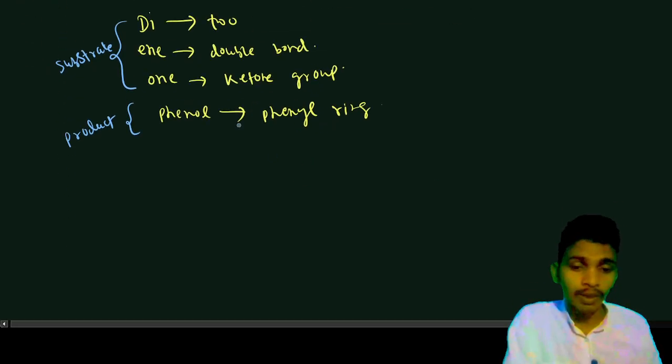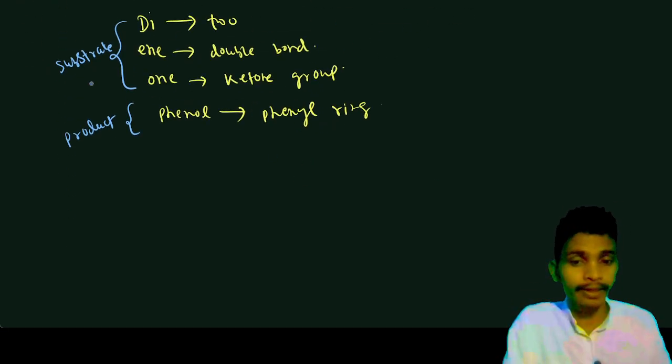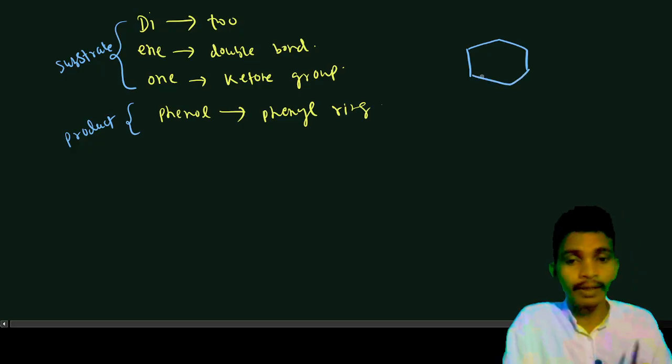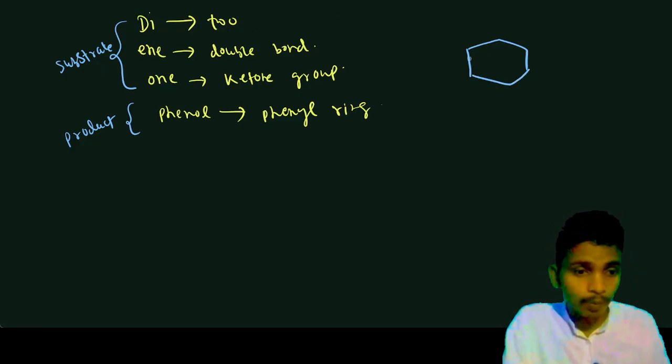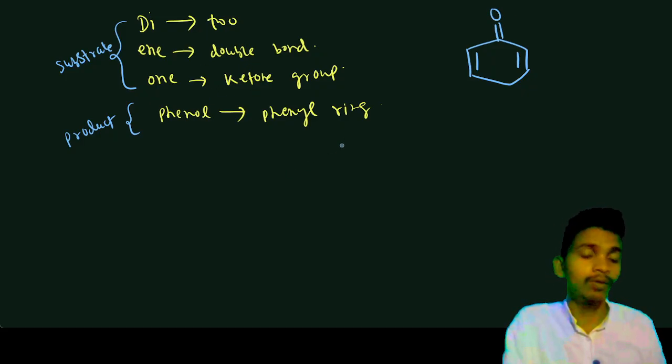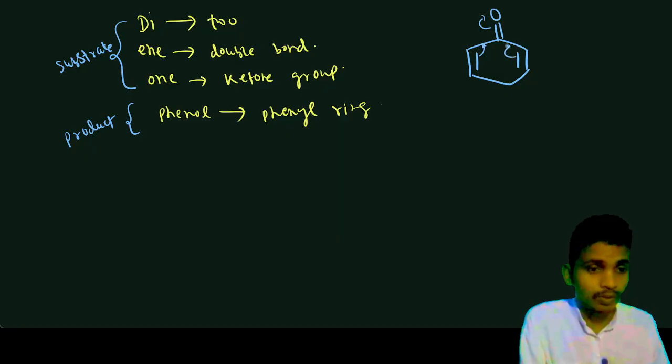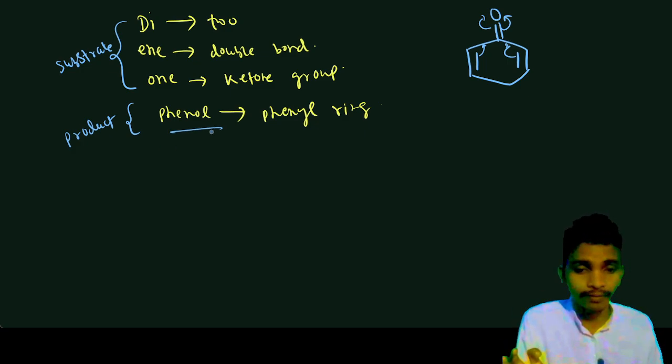So dienone means this ring is there, with two double bonds and a ketone group like this. Whenever you see this type of substrate, where the ketone is conjugated with the two double bonds, it will always make a phenol.